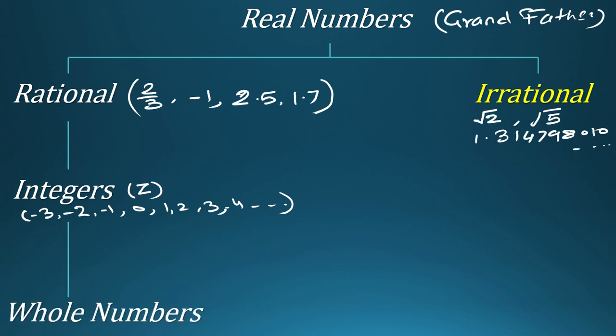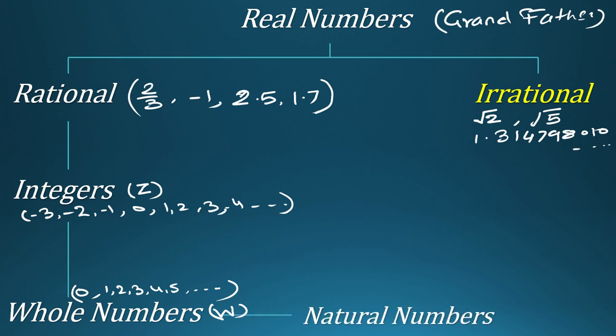Now, next is whole numbers. Whole number is denoted by W. Okay, and what are these numbers? Whole numbers start from 0 and then counting numbers 1, 2, 3, 4, 5, like this. These are the whole numbers. So it starts from 0. Okay, and the last member in this family is natural numbers, and natural numbers start from 1.